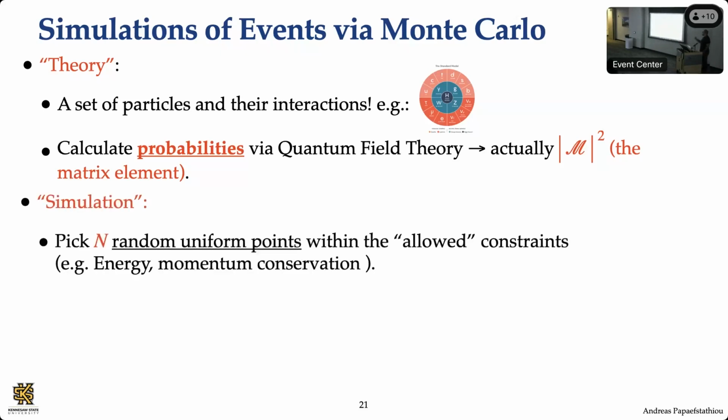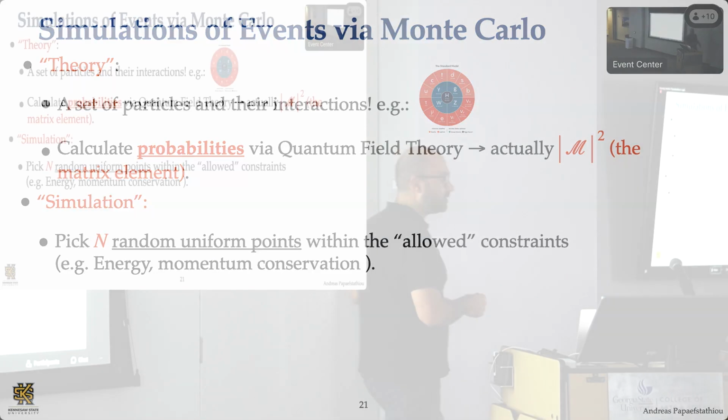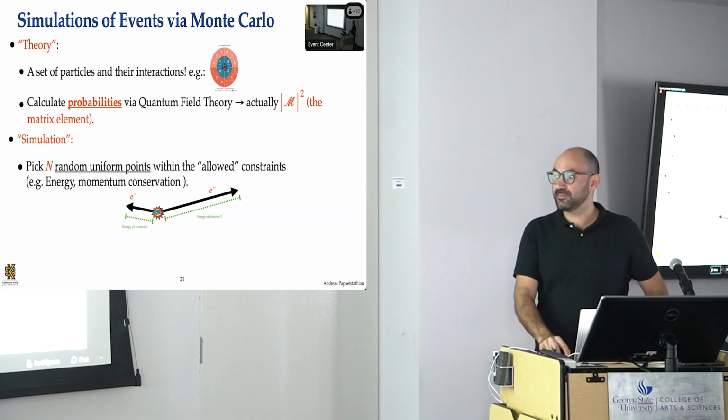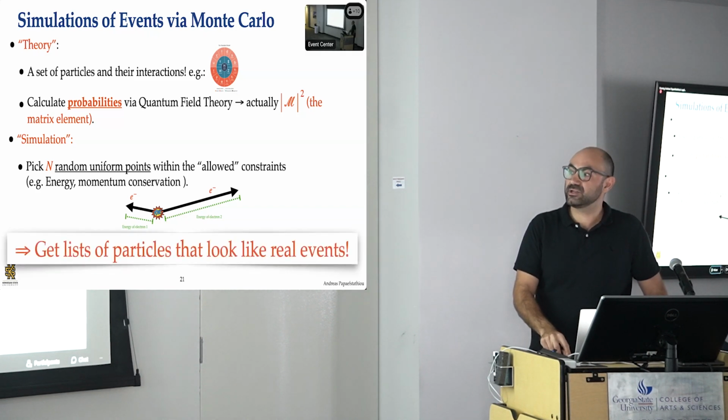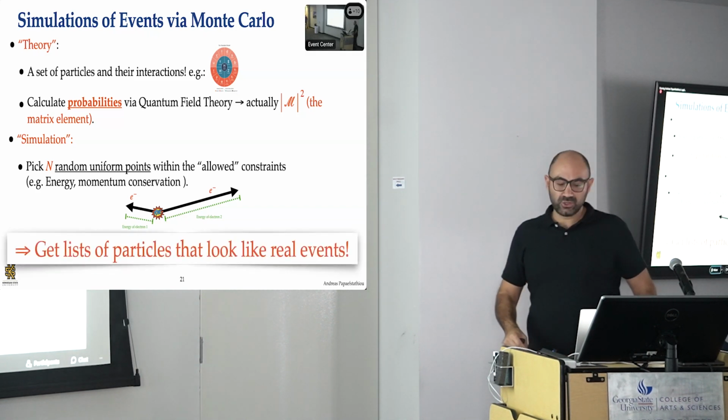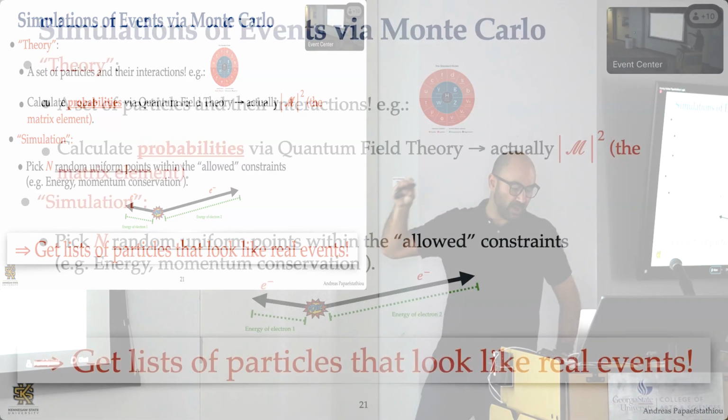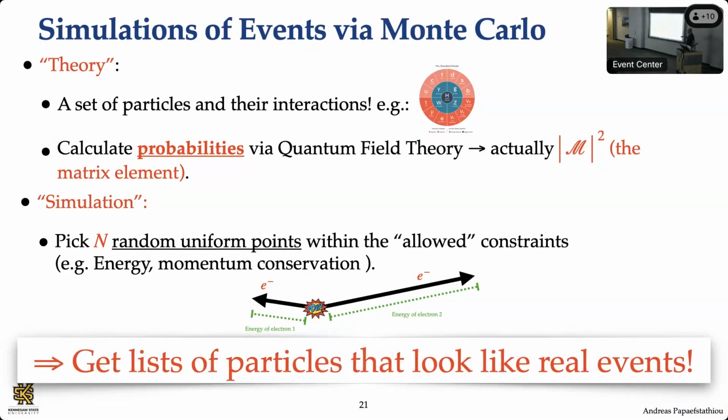So what is the simulation? We pick n points in the space of the allowed constraints, such as energy conservation and momentum conservation, and we can calculate the probability for each of these points. That's basically how Monte Carlo simulations work in particle physics. What you end up with is a list of particles that look like real events.